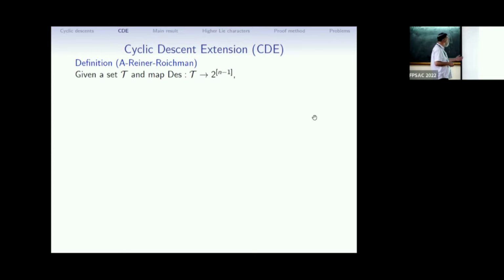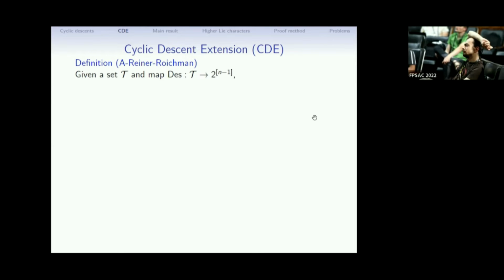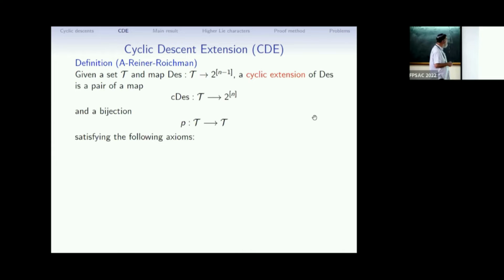Let's generalize the abstract concept. Given a set of combinatorial objects T and a descent set map that maps any element to a subset of [n-1], the cyclic descent extension contains a map.